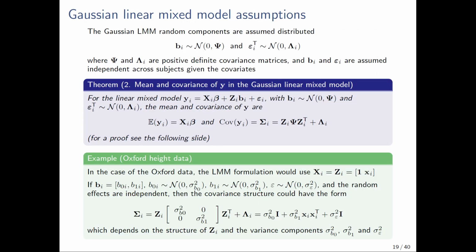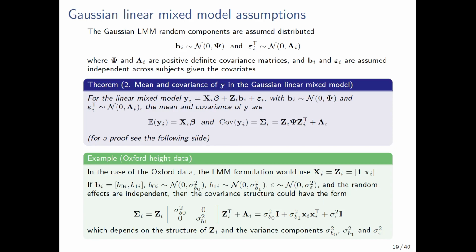Now in the Gaussian linear mixed model, which we're going to focus on mostly in this lecture, the random components are assumed normally distributed. So the random effects b_i are normal with mean 0 and covariance psi, shown here. And the errors are normal with mean 0 and covariance lambda_i, where psi and lambda_i are positive definite covariance matrices, and b_i and epsilon_i are assumed independent across subjects given the covariates.